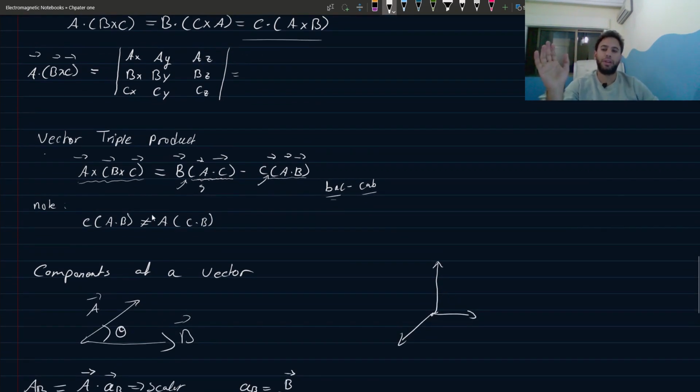Vector triple product. If we have two vectors cross multiplied by each other and we want to cross product the result with a third, there's an easier way, which is the back-cab rule.